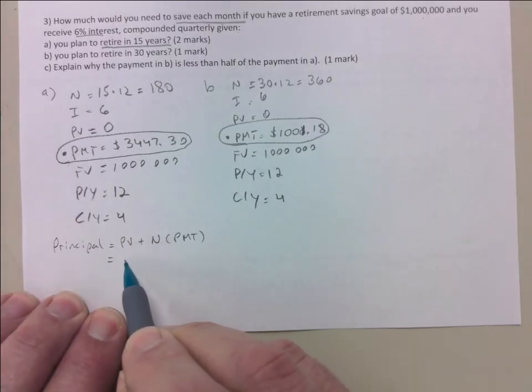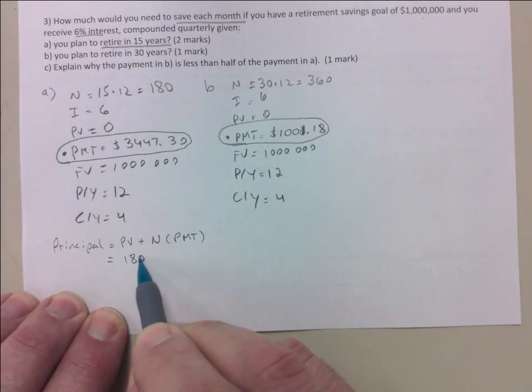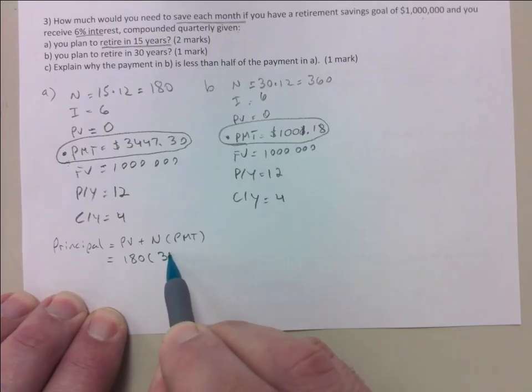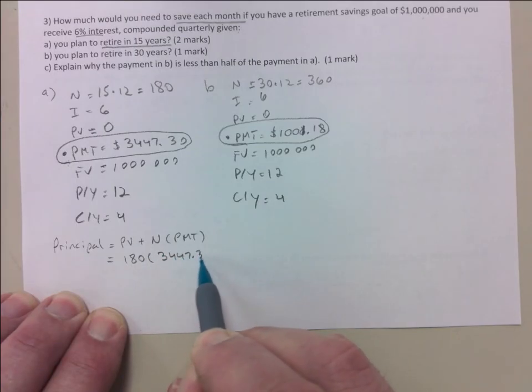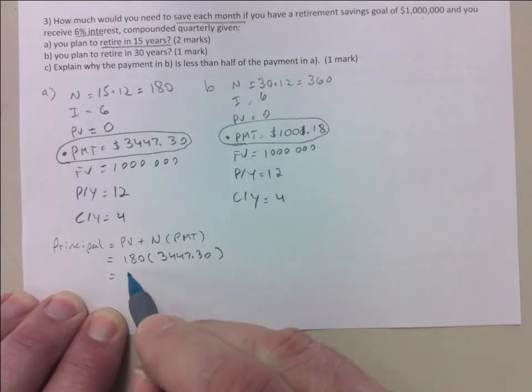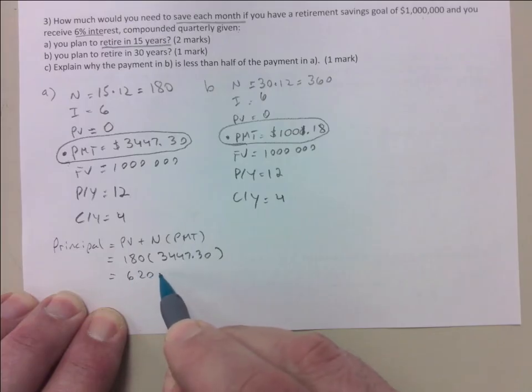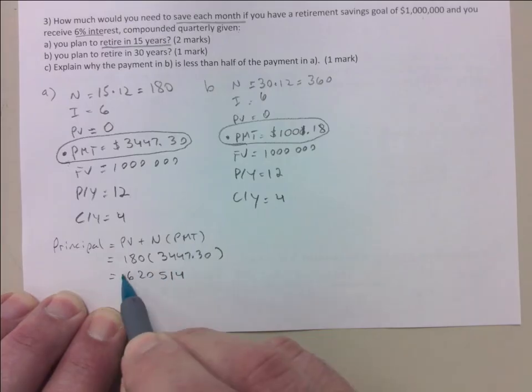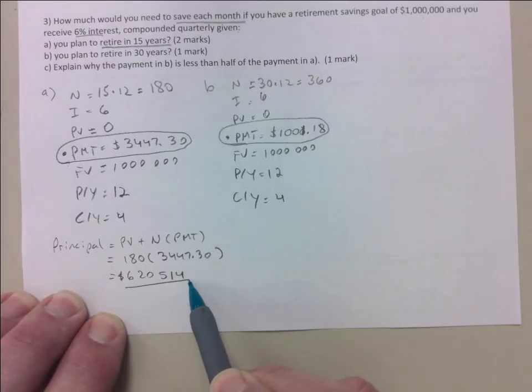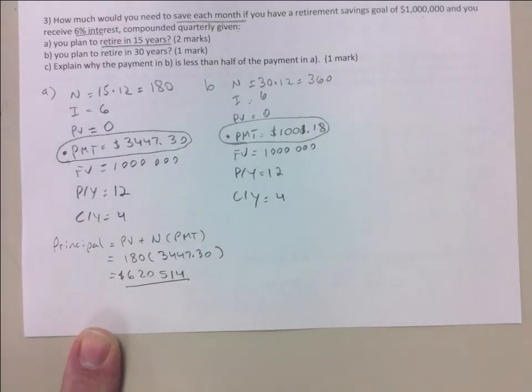We didn't put anything in, so this is really just 180 times 3,447.30. Let's figure that out. I didn't ask you for it. This is $620,514 from your money to reach the $1 million goal. Okay?